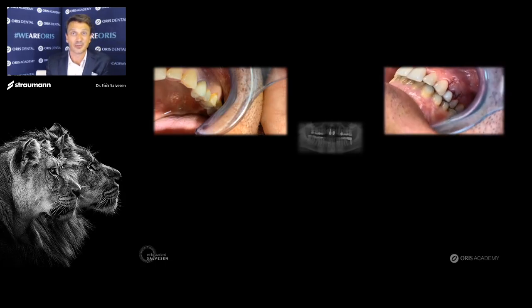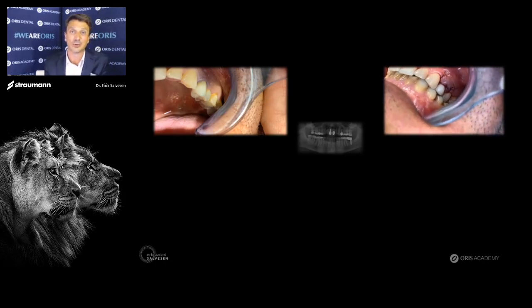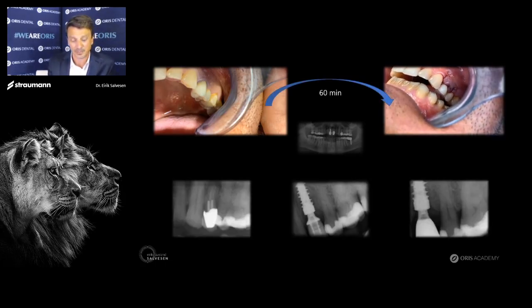And you'll see that there's no loading at all, no occlusal contacts on the tooth. So 60 minutes is what we need to do these procedures. And on your lower right side, you'll see the finalized crown on this tooth being placed 4 months later.